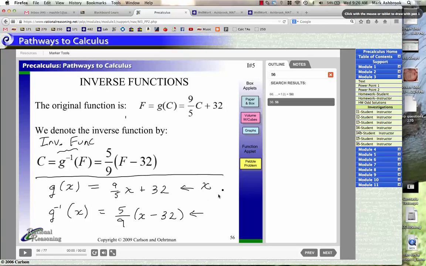So x is Celsius. x is Fahrenheit. So you really have to know what the function does, what the quantities are for input and output. Make sense?